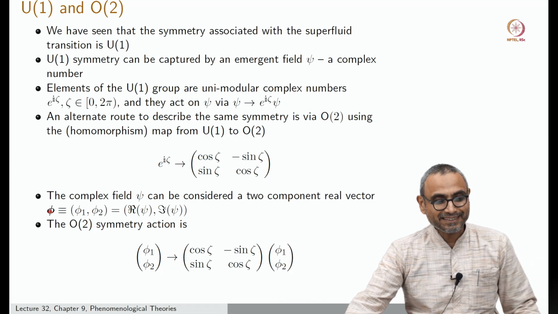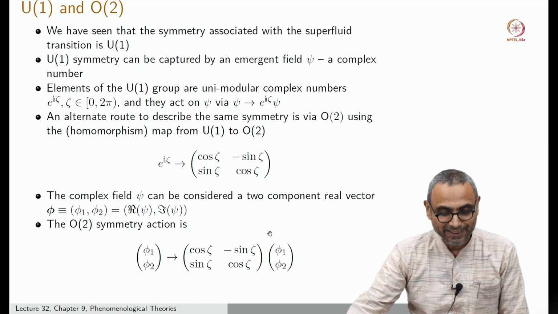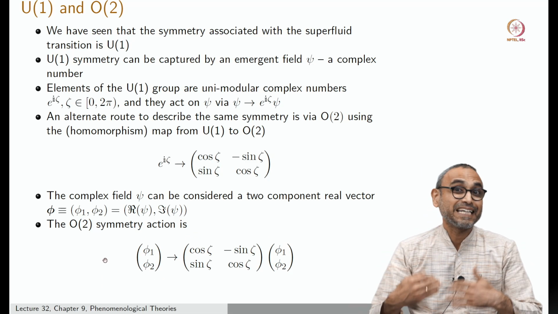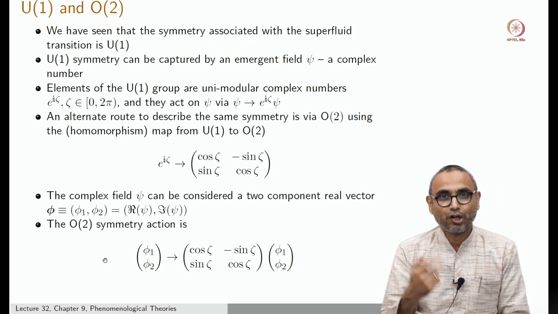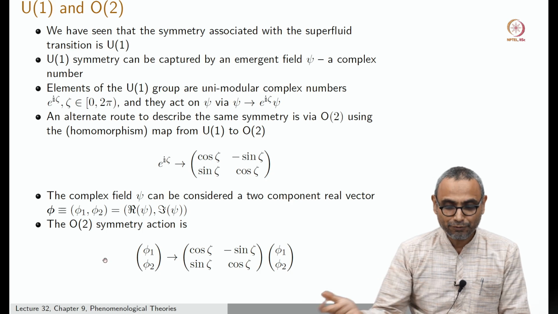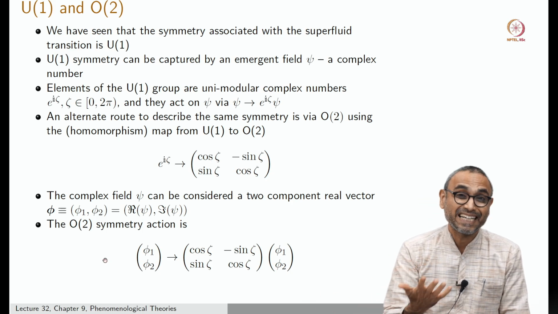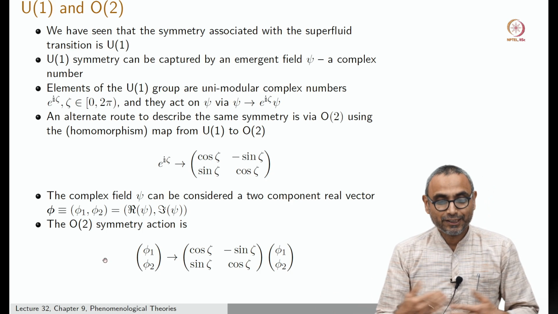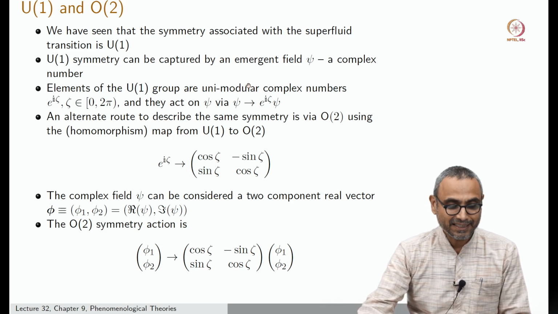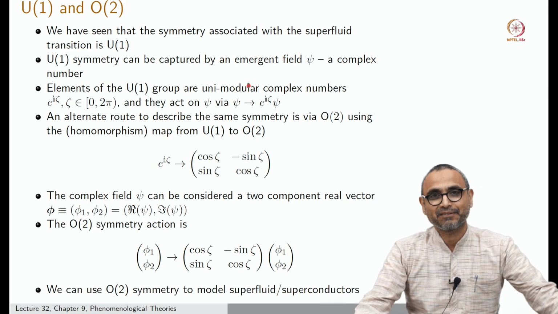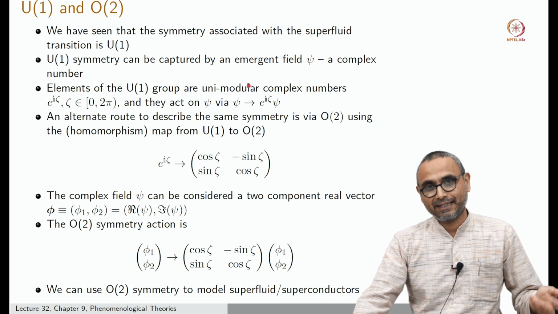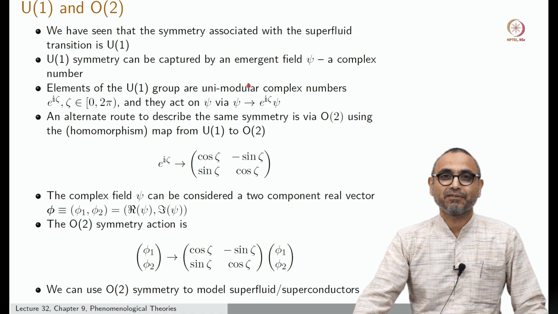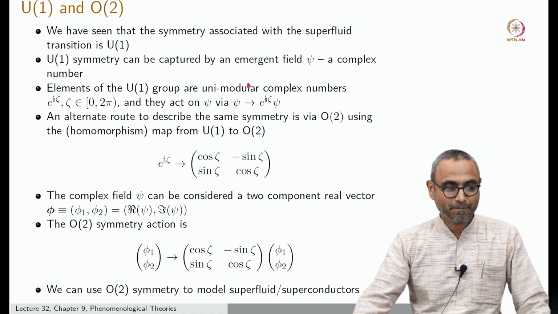So my point is, the O2 symmetry action can now be described by this, which is completely equivalent to the U1 symmetry action with one complex number, or a two-component real vector. These two are completely equivalent, and that is why I am saying that we will use O2 to study superfluids, so our formulation will work just as well.